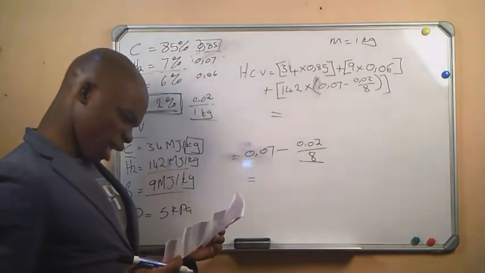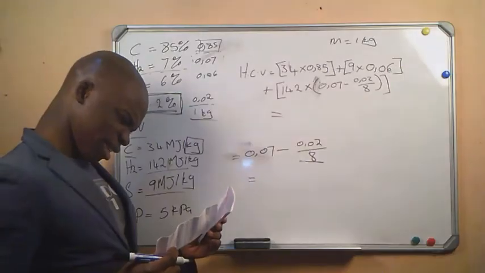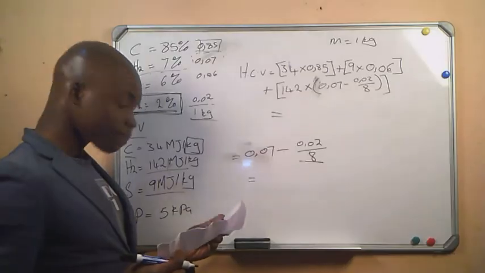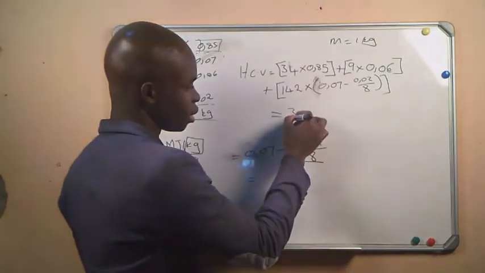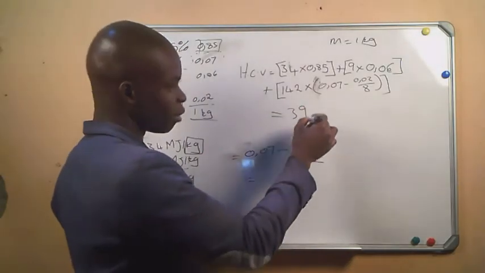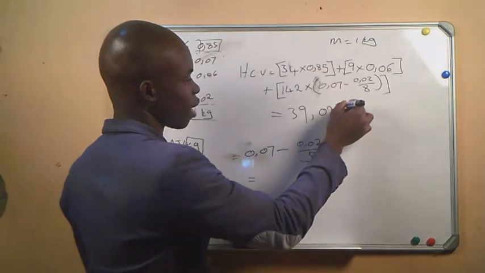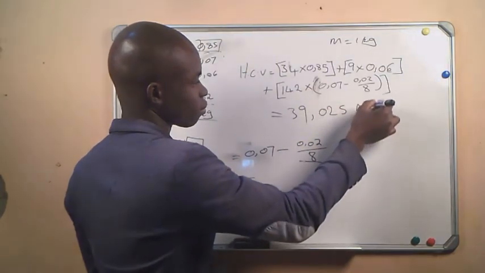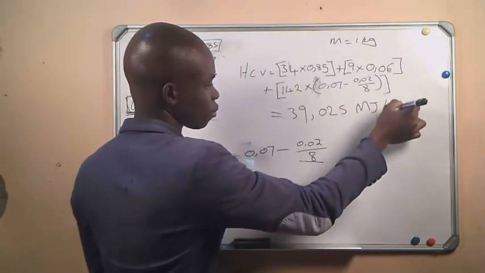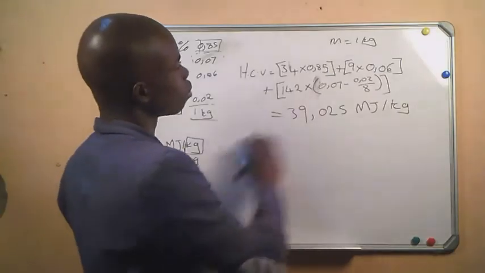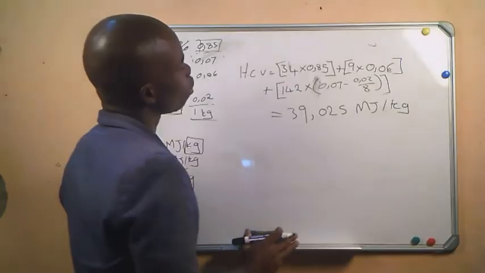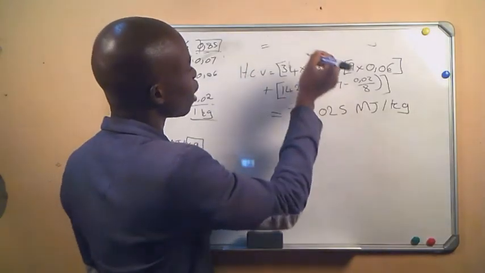And then I got my high calorific value as 39.025 megajoules per kg of the fuel. So the formula for this, yeah, it's important that you write the formula.